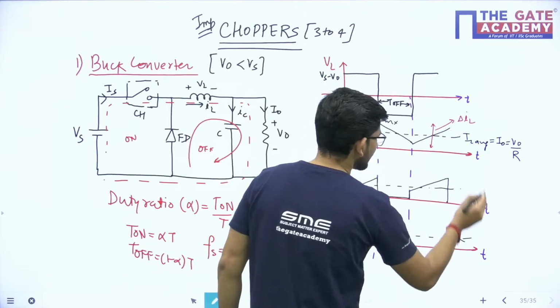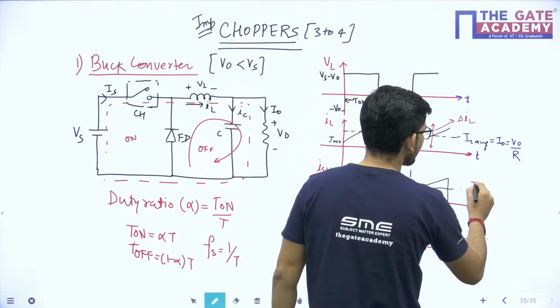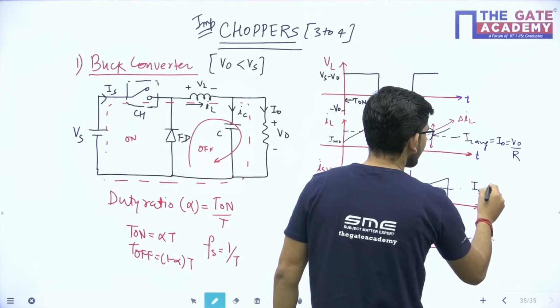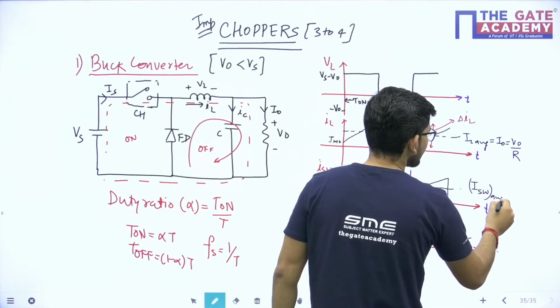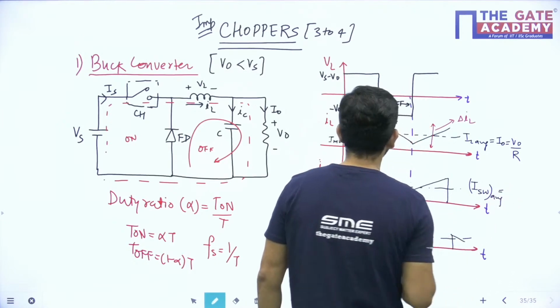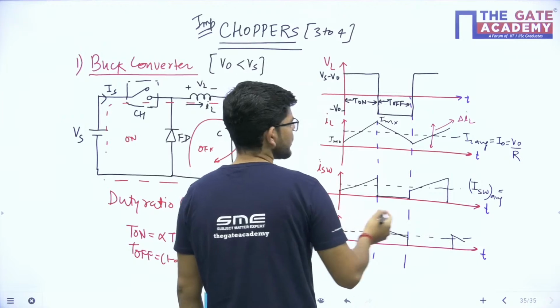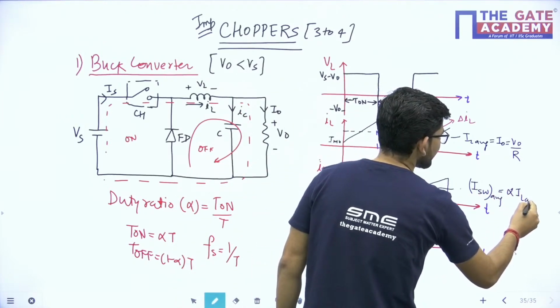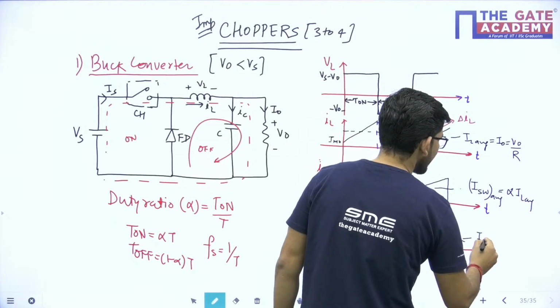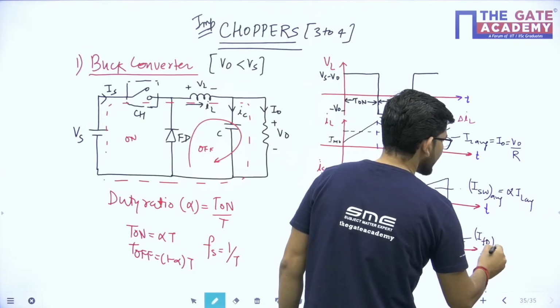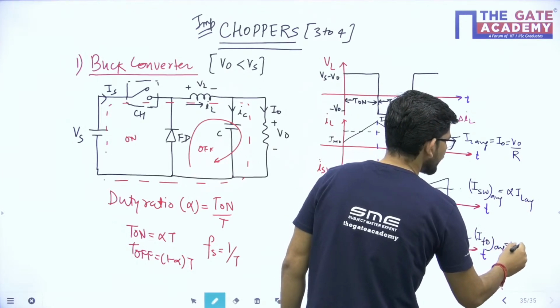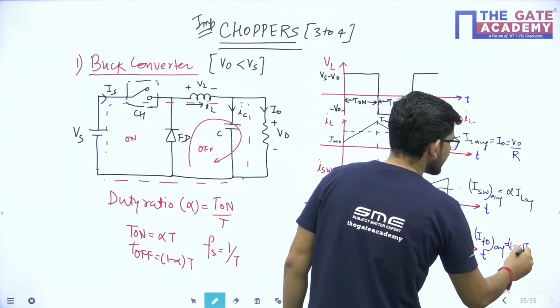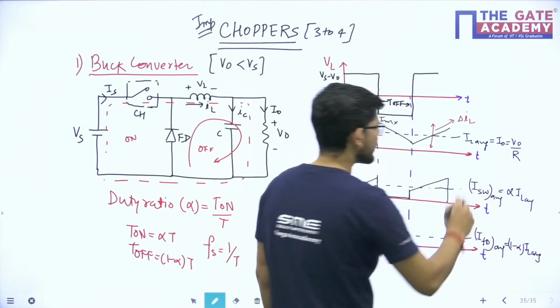So suppose this is the average value of switch current, and this is the average value of diode current. What will be the average switch current? This will be equal to alpha times IL average, and the freewheeling diode average current will be equal to 1 minus alpha times IL average, isn't it?